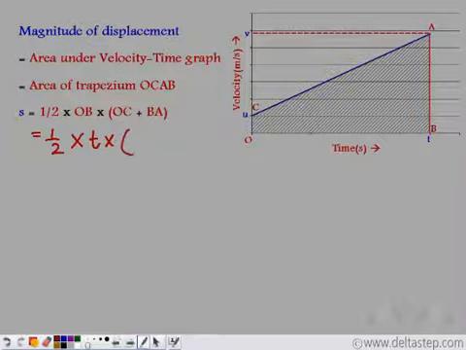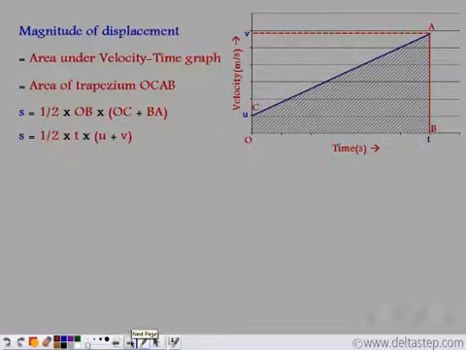OC is this distance. This is the initial velocity. And what is BA? BA is this distance. So this distance is equal to this distance, which is the final velocity. So S is equal to half into T into U plus V.